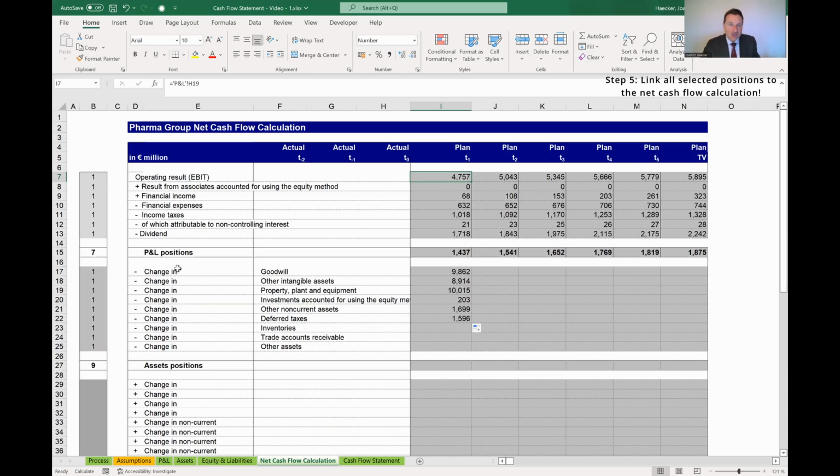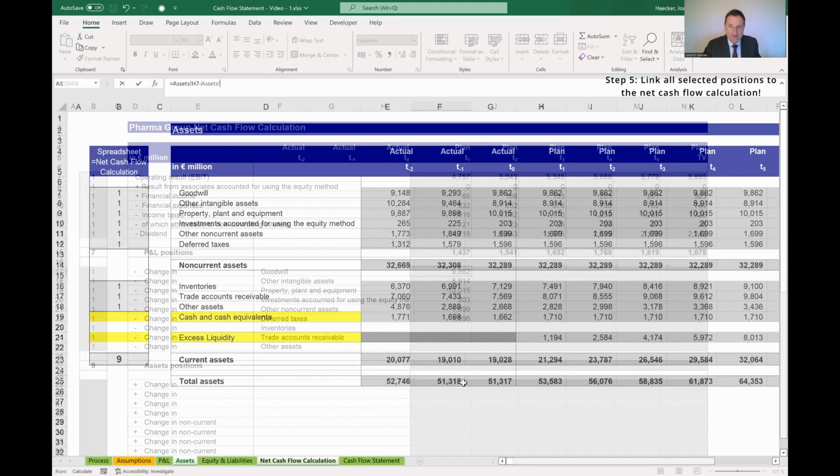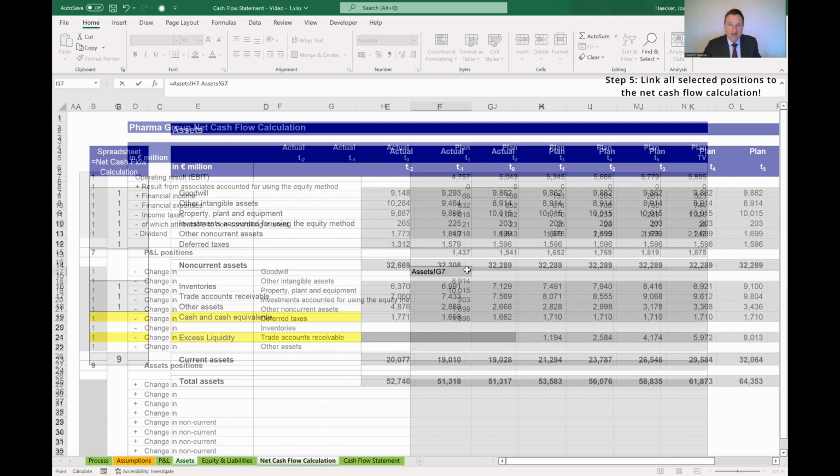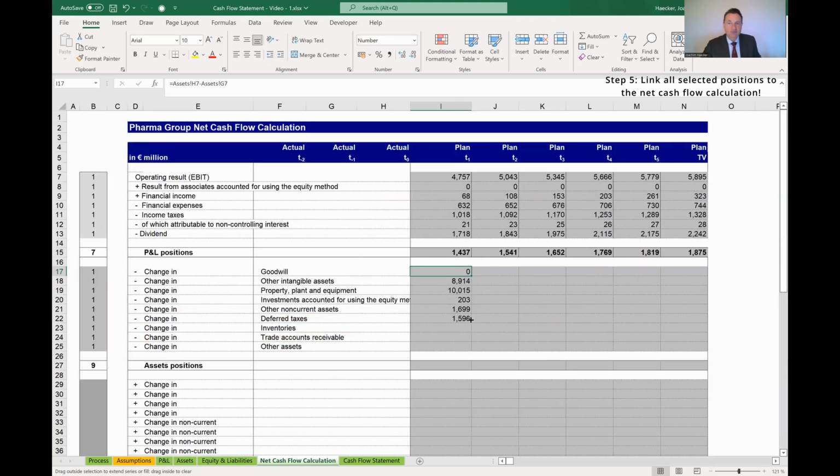Now we're talking about change. So change implies assets, H7, minus assets, G7. So this one minus that one. It's the change. So you see here, don't put the absolute number down there. It's always the change.